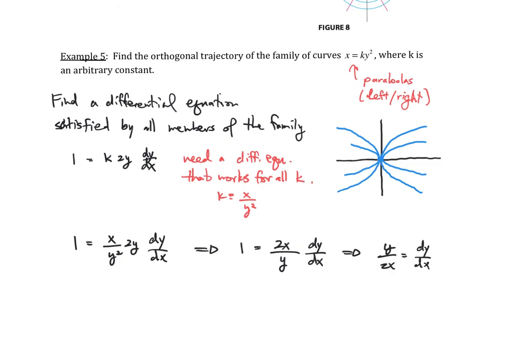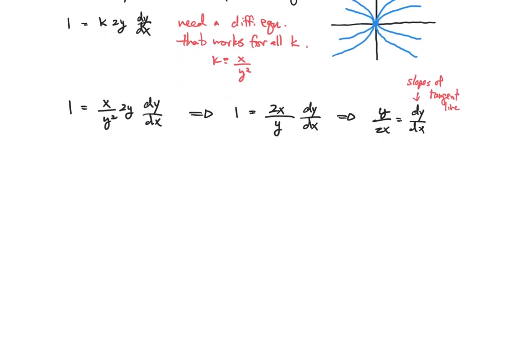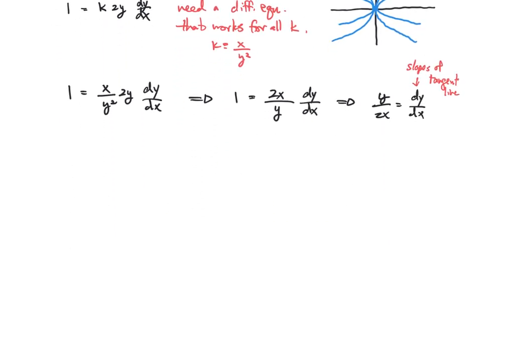Looking at this equation, I hope you can see that this is a separable differential equation. We got the y's and the x's like that. I want to remind you that dy dx are slopes of tangent lines. So what we want is something orthogonal to that.